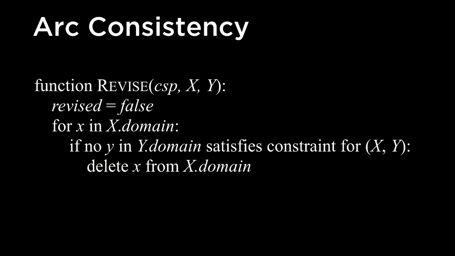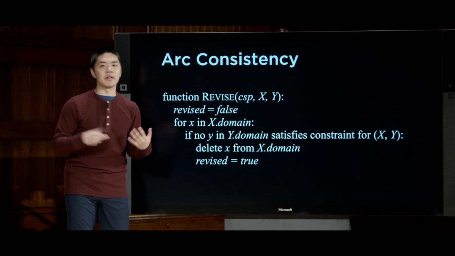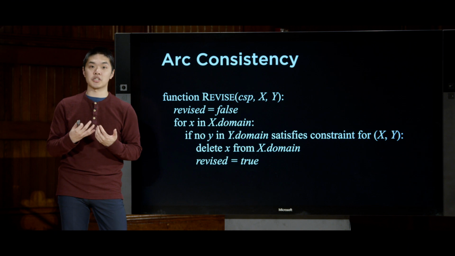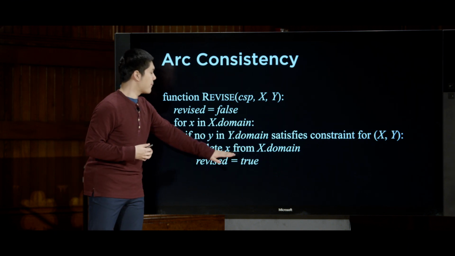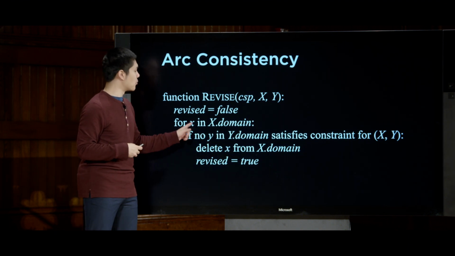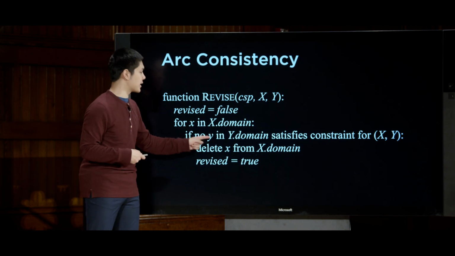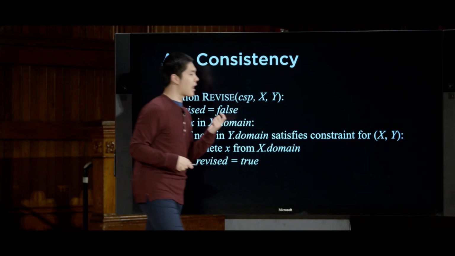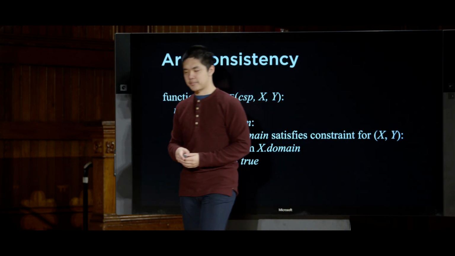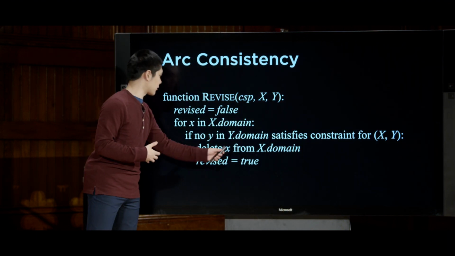So I'll delete x from X's domain, and I'll set revised equal to true, because I did change X's domain. I changed X's domain by removing little x, and I removed little x because it wasn't arc consistent. There was no way I could choose a value for Y that would satisfy this XY constraint. So in this case, we'll set revised equal to true.